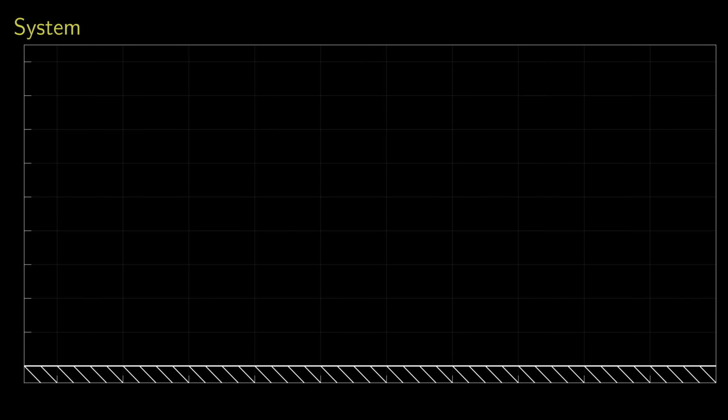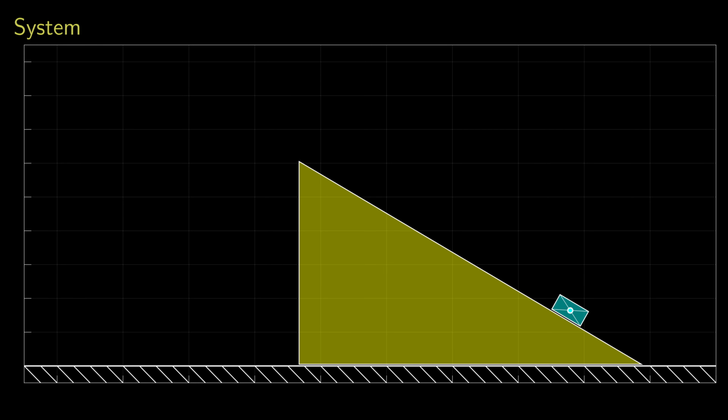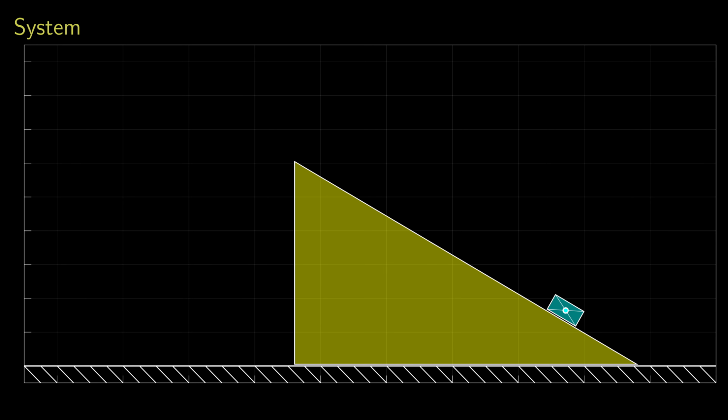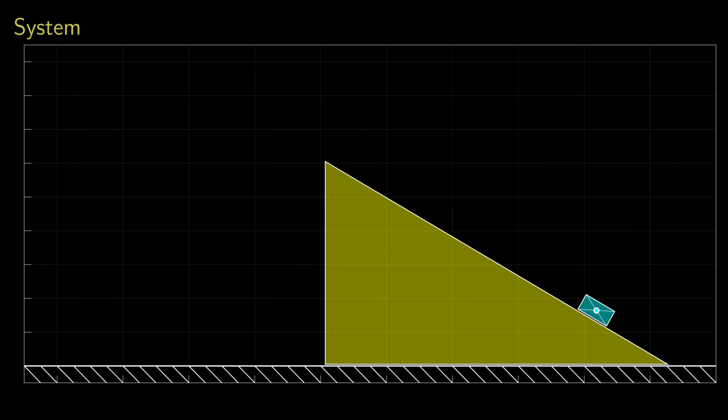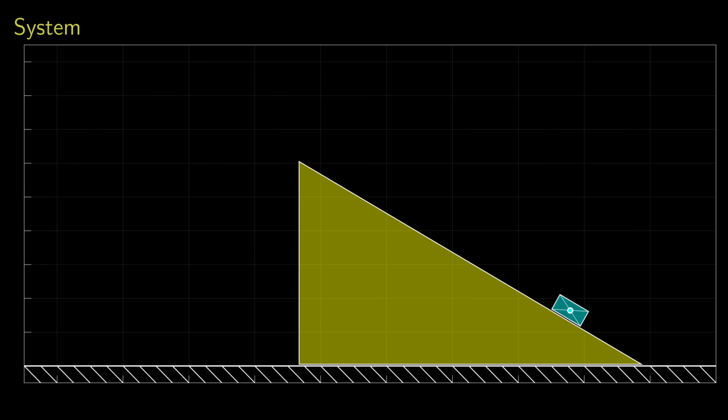We take this wedge here and put a mass on top and make some assumptions. First, we assume that the wedge can freely slide from side to side. There is some influence from this box, obviously. Speaking of, the box can slide up and down on the wedge. Gravity acts downwards. So given we start with wedge velocity equal to 0, the box will slide downwards.